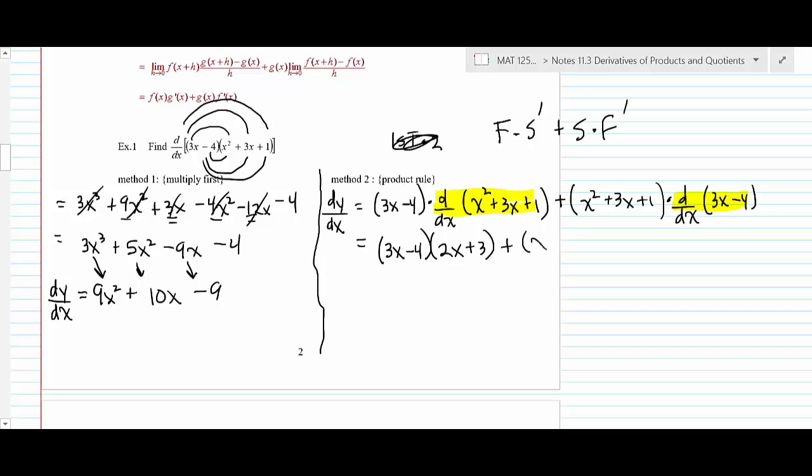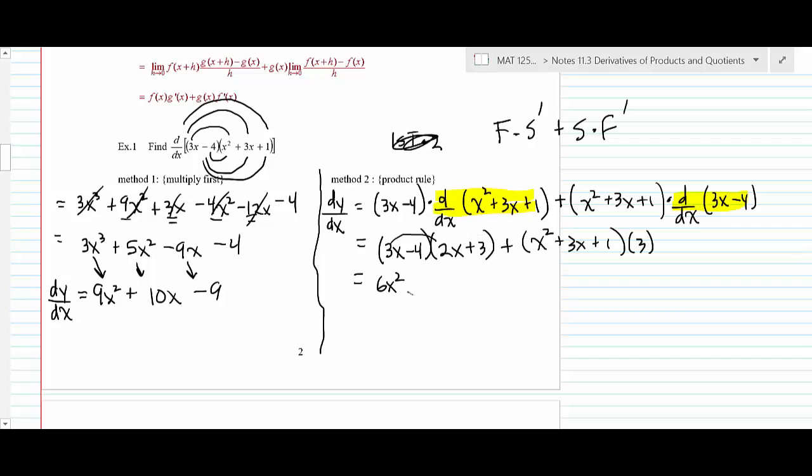Then bring down the x squared plus 3x plus 1. What's the derivative of 3x minus 4? 3. Okay, those are your basic derivative rules. Now you need to multiply it out, combine like terms, and see if we get the right answer. So we're going to FOIL this. I have 3x times 2x is 6x to the second.